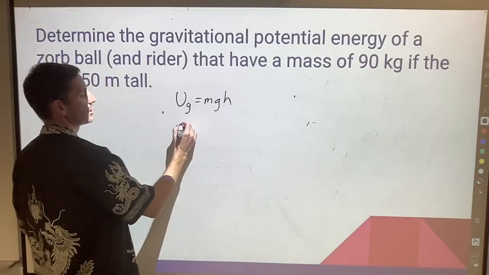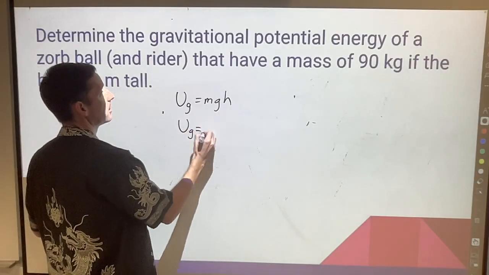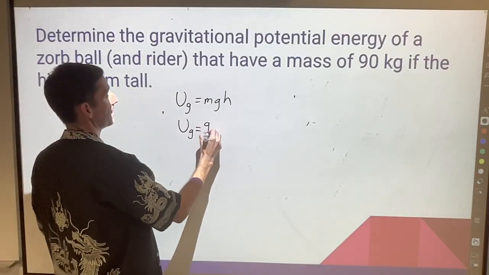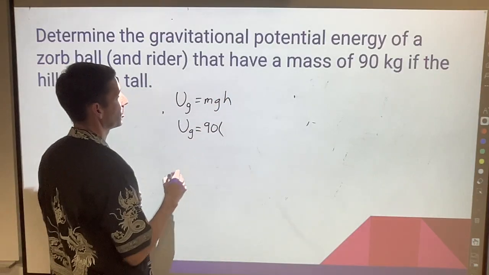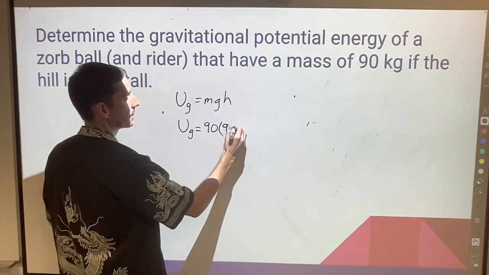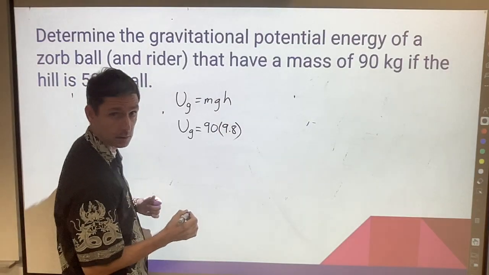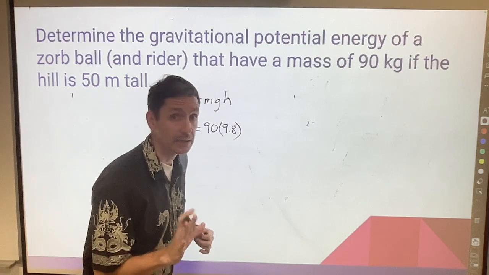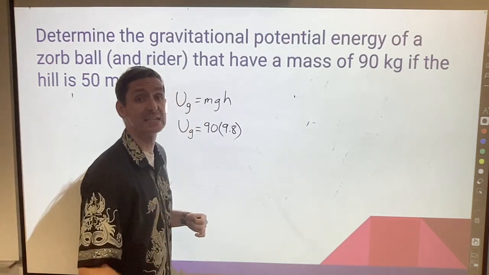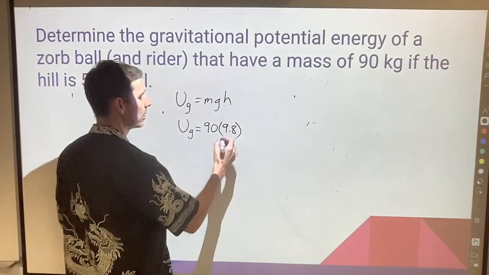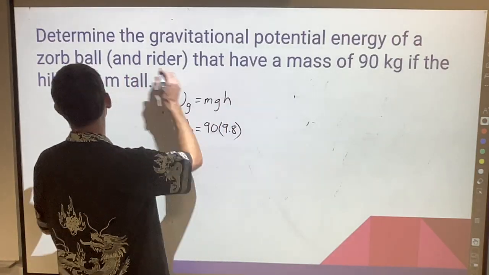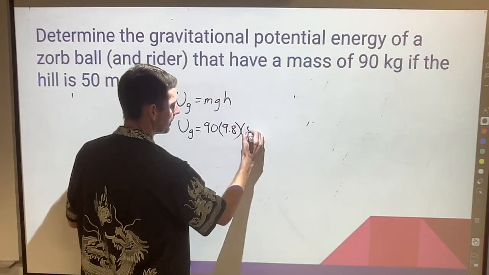All right, so gravitational potential energy will equal the mass, which remember we said was 90 kilograms, that was in the previous question. g is the acceleration of gravity, 9.8. Remember that g is not inherently negative, just when we need it to be a vector. Energy is not a vector, so we don't need the negative here. And then the height will be 50 meters.